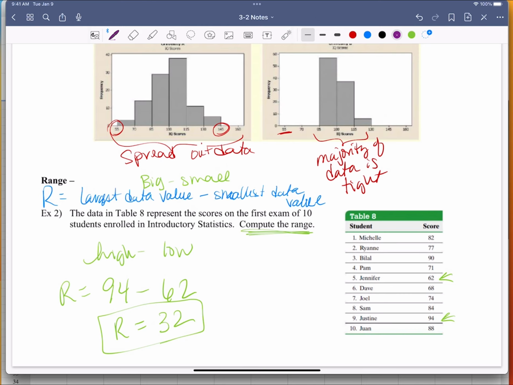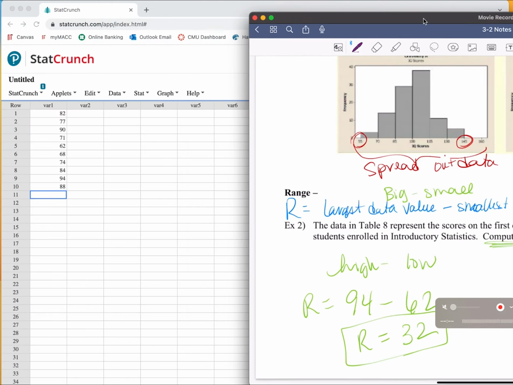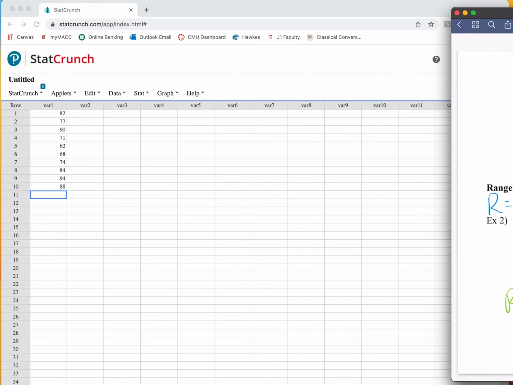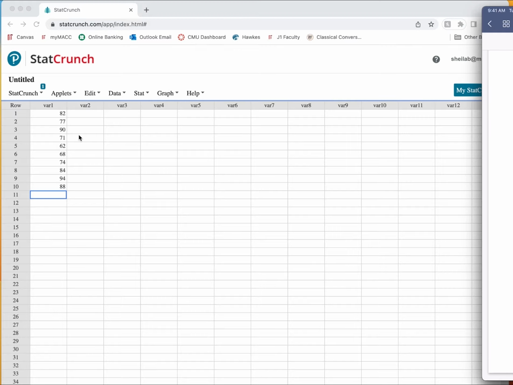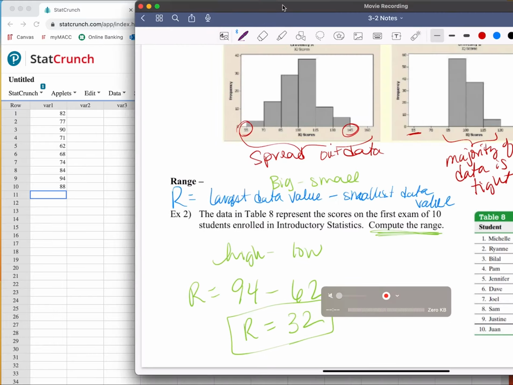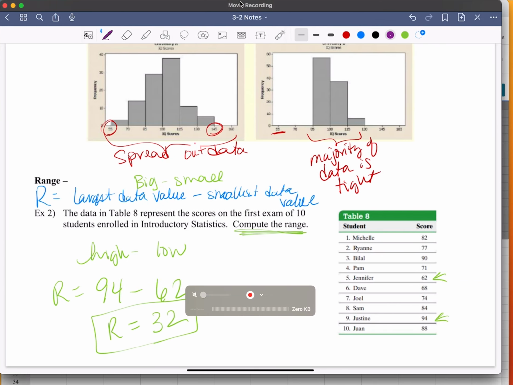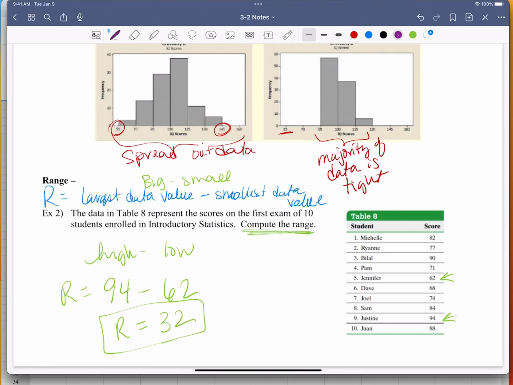So what you would do, and I'm going to scoot this over, that's why I have this up on my computer. What you will do on your homework, oops, sorry, I meant to do one more thing first and then come back to that. That's StatCrunch. We're going to use it. In your homework, you're going to have a little box up here in the corner, like a little double overlapping box.